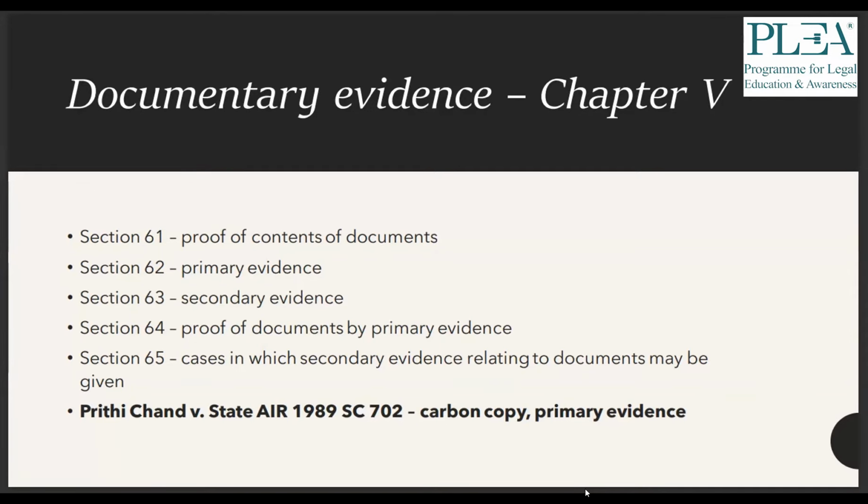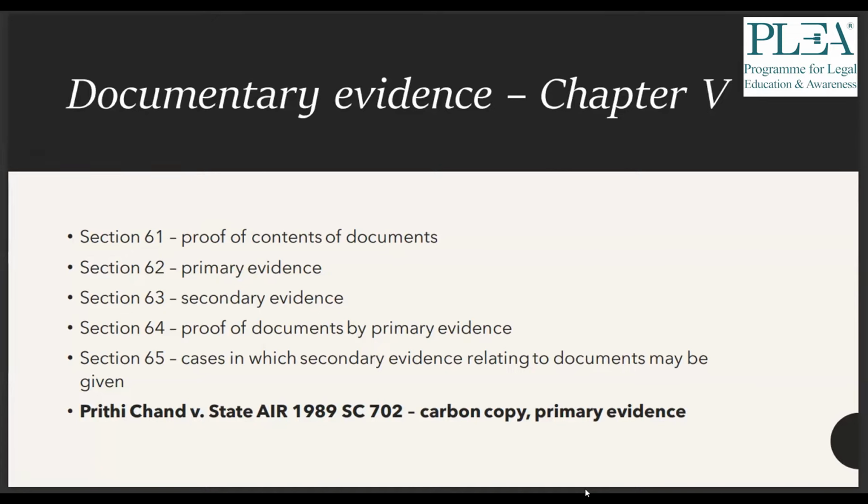This may come for short notes, so you can go through your textbook for what exactly you can include, and what words you can write in your exam to get better marks. Secondary evidence includes certified copies, and copies made from the original by a mechanical process, which in common language we call Xerox.